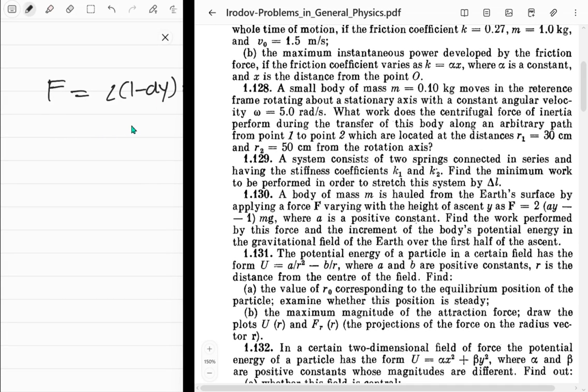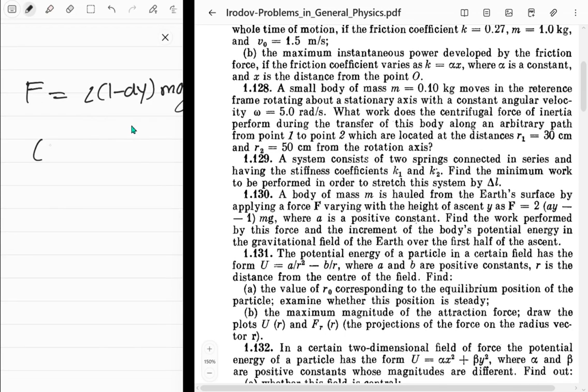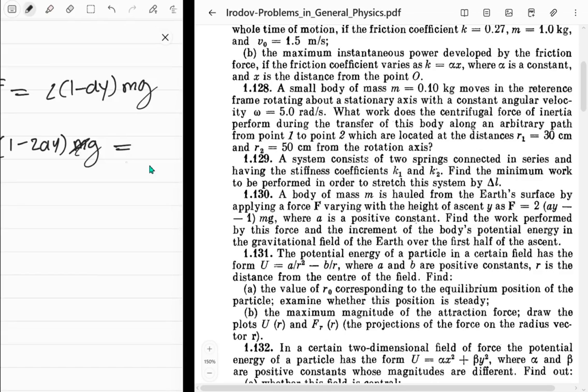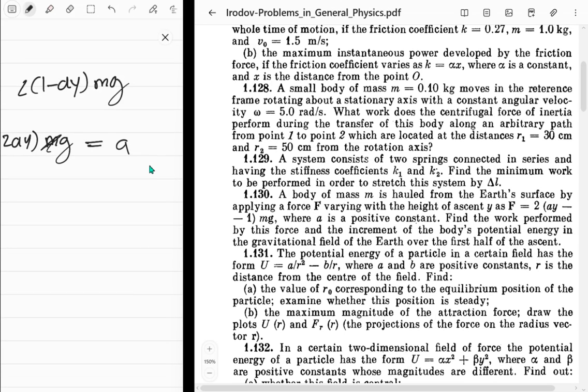So basically I find mg is the total force, which will be 1 minus 2 ay times mg, right? So all we need to figure out is at what time the velocity will become 0. Since the force upon m is going to be the acceleration, that's our acceleration in the upward direction.